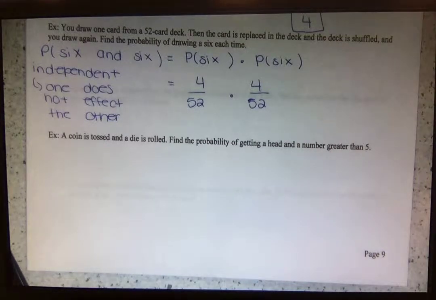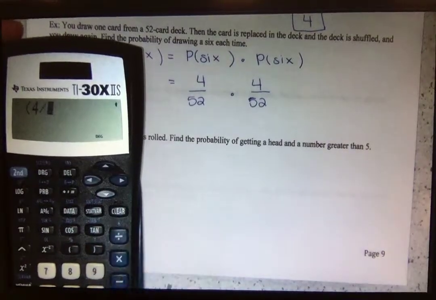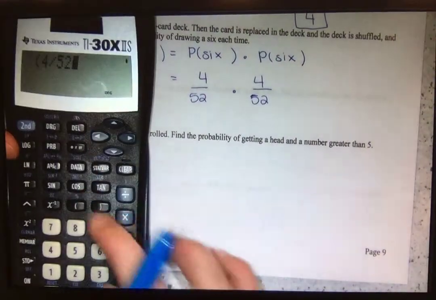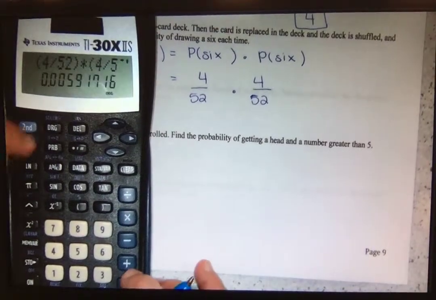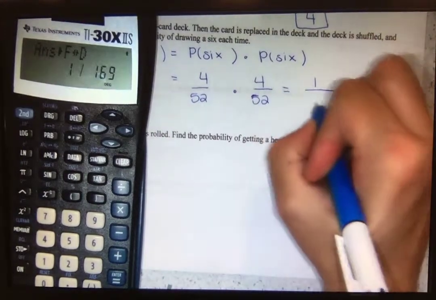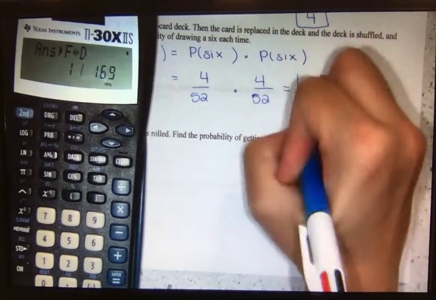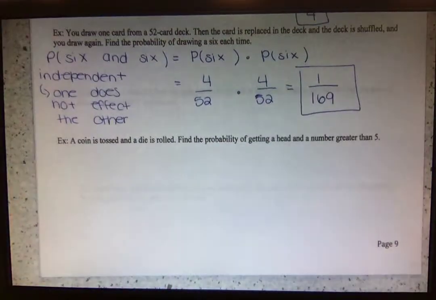Good question. So putting this into our calculator or multiplying straight across, 4 out of 52 times 4 out of 52. Putting this into a fraction, we get our final answer of 1 over 169.